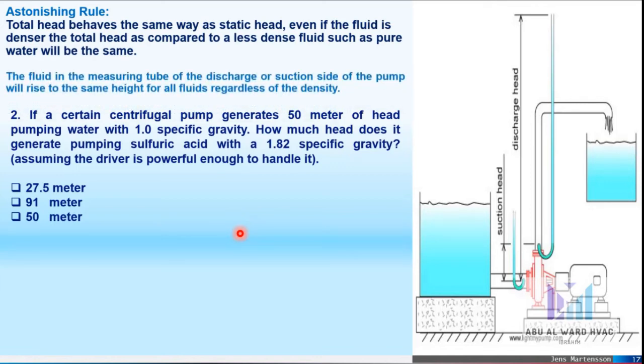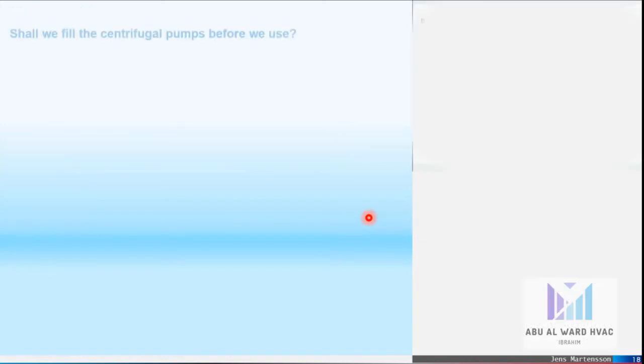So the fluid in the measuring tube of the discharge or suction side of the pump will rise the same height for all fluids regardless of the density. So the answer will be 50 meters, the same. Even if we change to a denser or less dense fluid, it will be the same for the same pump. So the answer will be 50 meters.